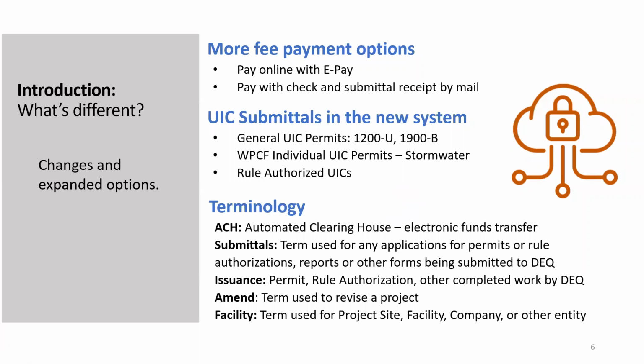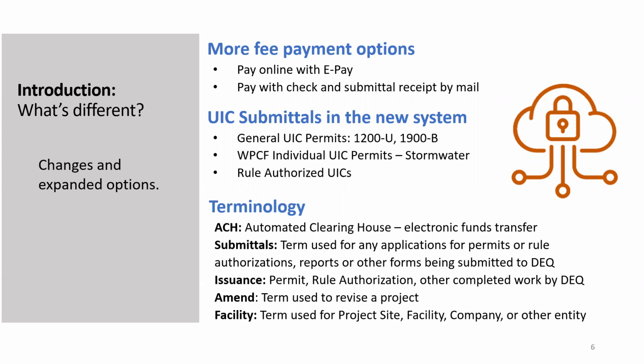You still can pay by check, but being able to pay online with ePay, which is that ACH ePay electronic payment, where you enter your payment information with a bank routing number, account number, that is a new option. And I'll tell you here that we don't have it listed here, but we're expecting that sometime early next year, we'll also be able to take credit cards. So we've really significantly made a change to be able to take electronic payments for the programs that participate in your DEQ Online.